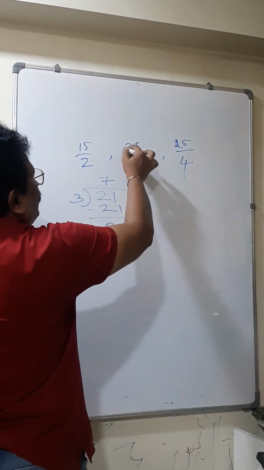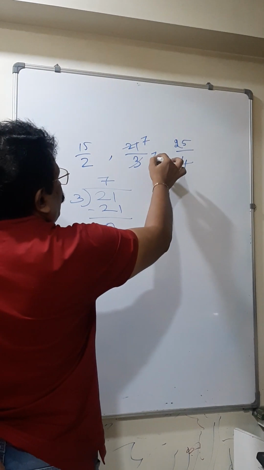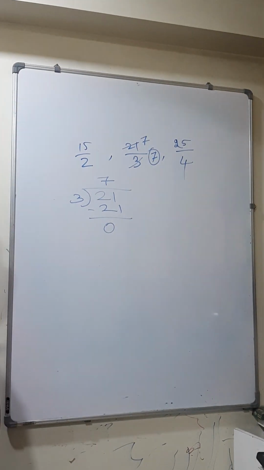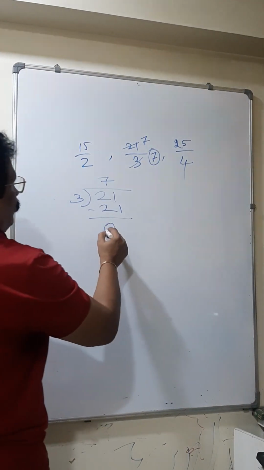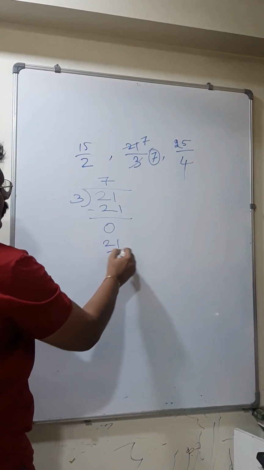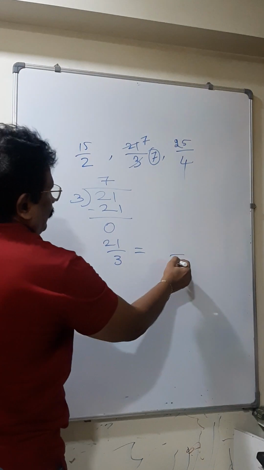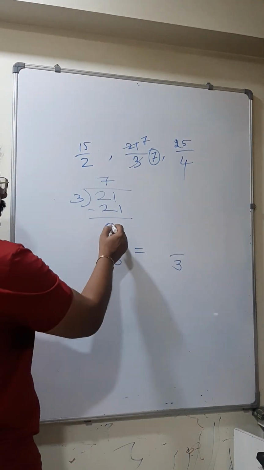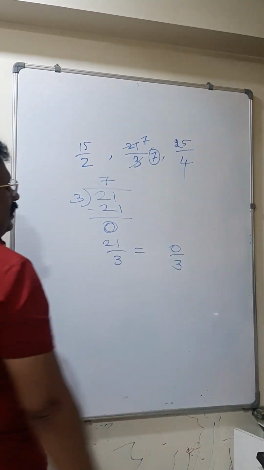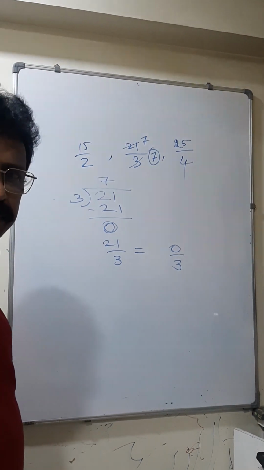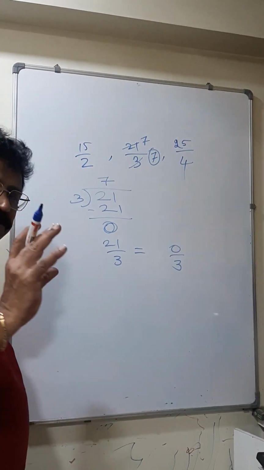See, 3 sevens are 21. It's a whole number, 7. Still, if you want to write, you can show it this way. 21 by 3 is equal to, this is 3, denominator is 0. Whenever you get a denominator 0, it doesn't become a fraction. It is a whole number, okay?